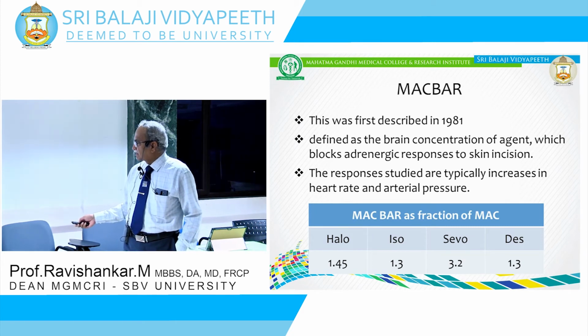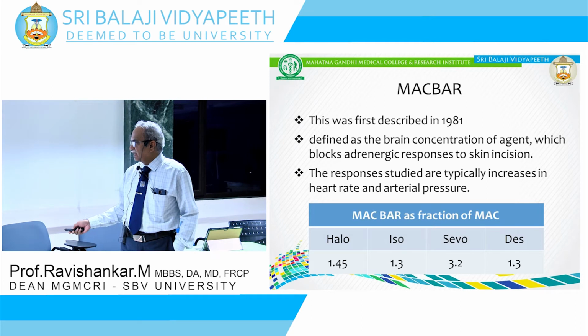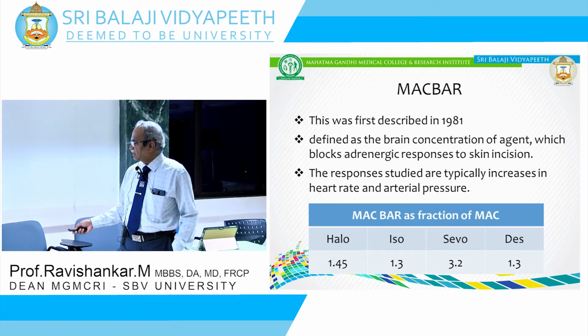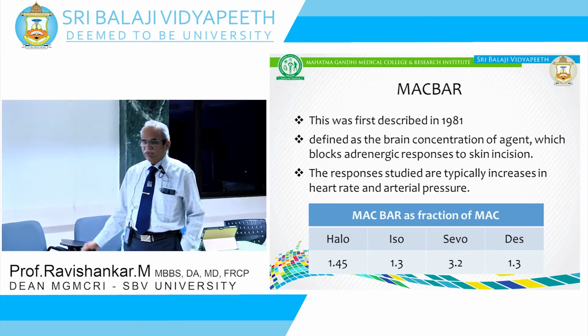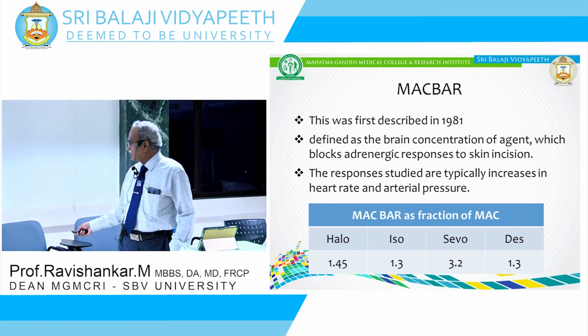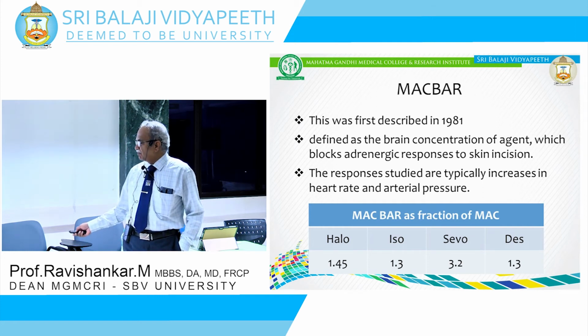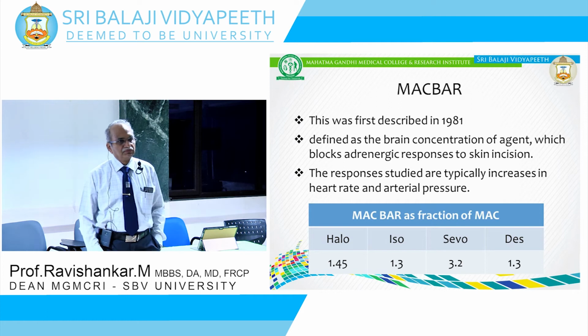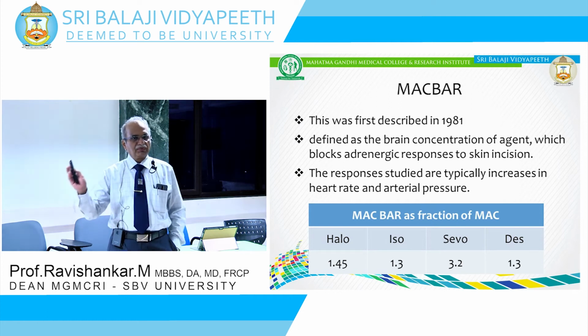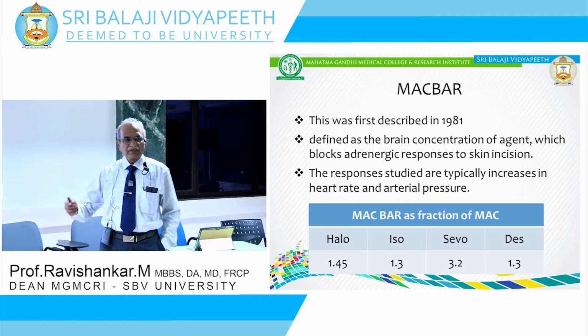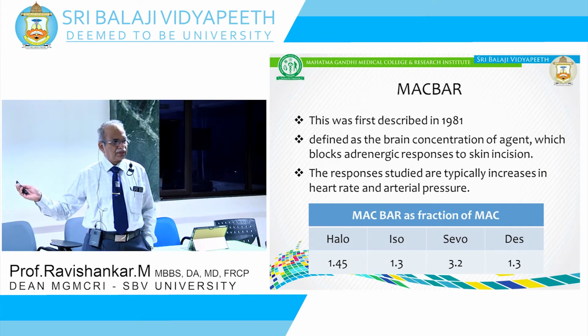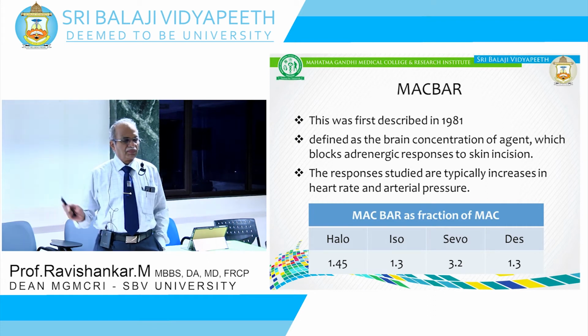So they estimated this as a fraction of MAC. For halothane it is 1.45, isoflurane it is 1.3. Sevoflurane stood out from all this. Here also it is 1.3, desflurane. But for sevoflurane, it was 3.2. Why is it so? When it is 1.3 here, why is it 3 times more for sevoflurane?